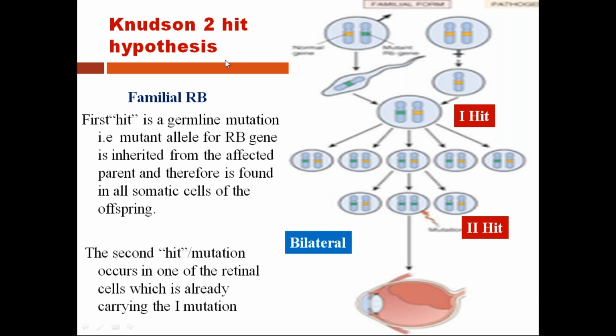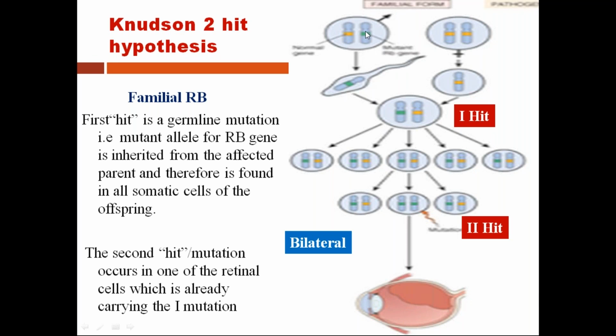That hypothesis is called the Knudson hypothesis. The K is silent. I don't know why they add it when the K is silent. It's called the Knudson two-hit hypothesis. Now you listen here. This is a chromosome coming from the father. This is the chromosome of the mother. The offspring inherits one of each chromosome from either parent.